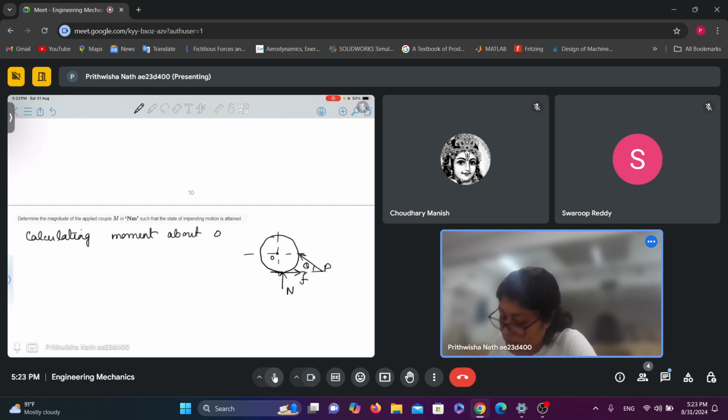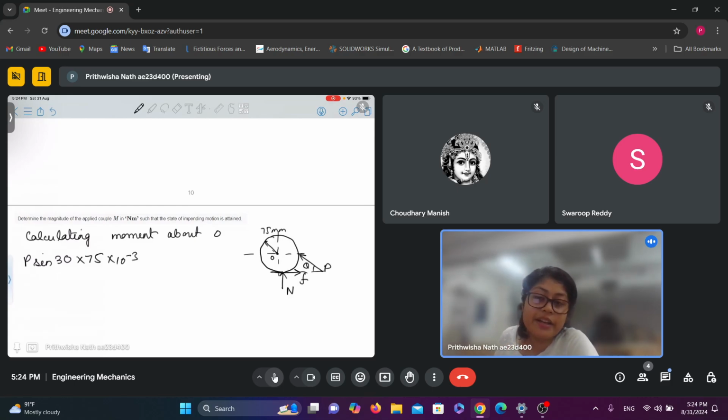Now, if anticlockwise moment is considered positive, and we know from the given diagram that this radius is 75 millimeter, then P sin 30 into 75 into 10 to the power minus 3.